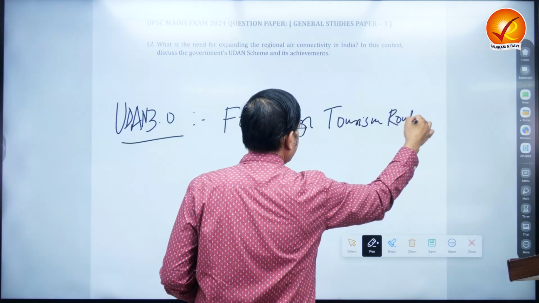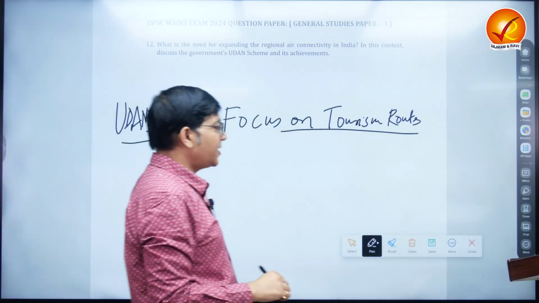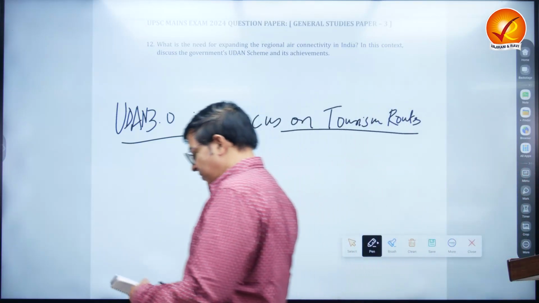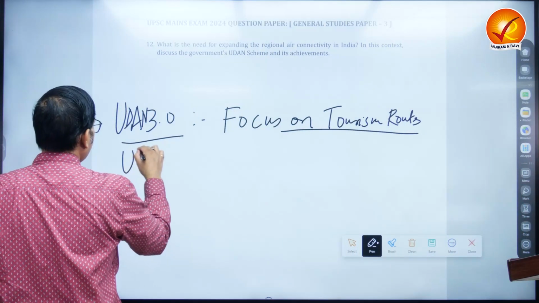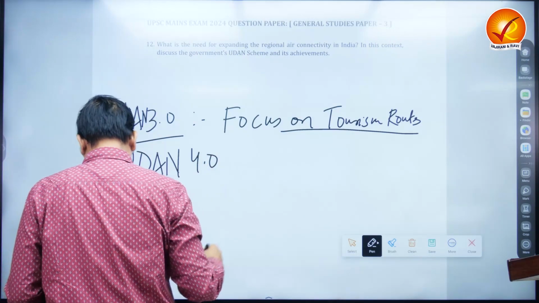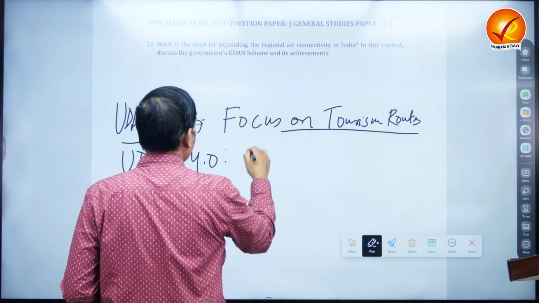You can give examples like the flights to places like Khajuraho, Amritsar, and different other tourism routes were also encouraged during this time.